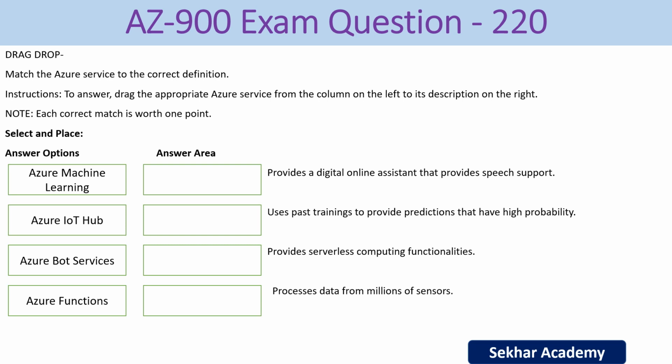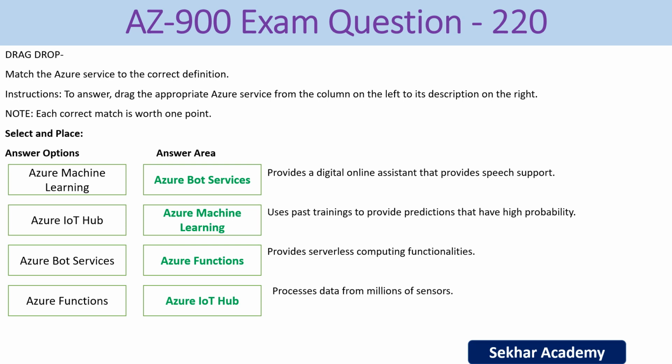The statements we have: provides a digital online assistant that provides speech support, uses past trainings to provide predictions that have high probability, provides serverless computing functionalities, processes data from millions of sensors. So the right answers in the answer area here: Azure Bot Service, where we need to provide speech support, right?